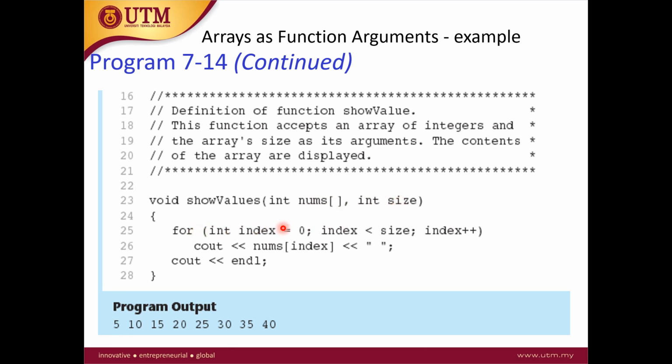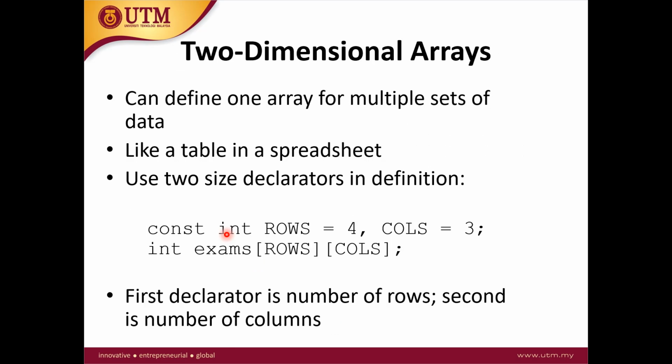And we are going to go through the array one by one from index 0 up to index 7. Why? Because the size is 8, and if the size is 8, that means we've got 8 parameters starting from index 0 up to 7, and we are printing each element from 0 up to 7, and this is what the program gives you in the output.